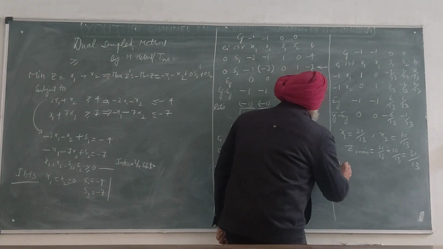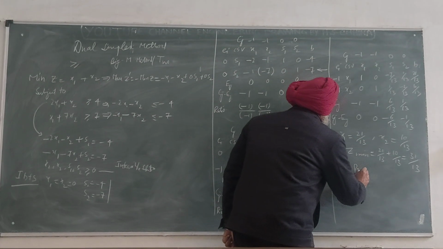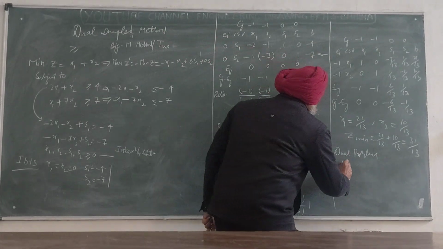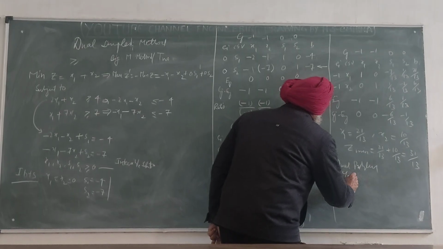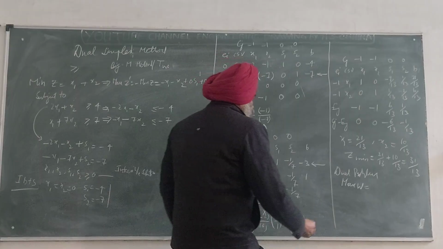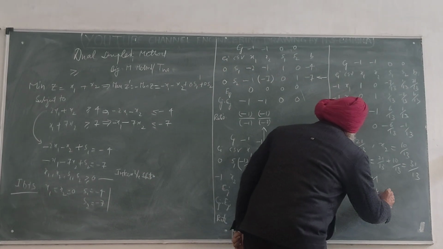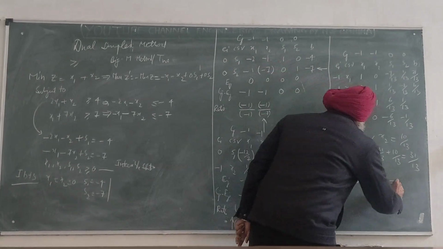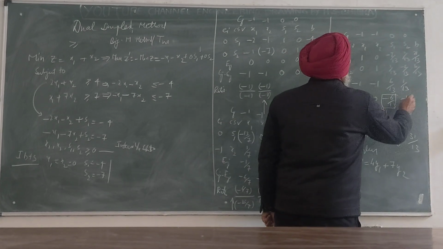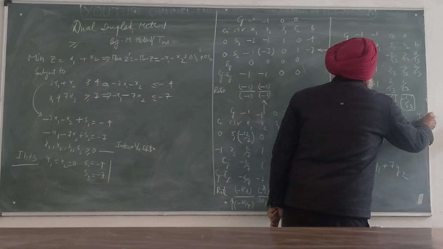What is the dual problem? Again, this we have already done a couple of times. Dual problem. What is the dual problem? Dual problem was, I will look only into the objective function, that is maximum W. What is that? That is 4y1 plus 7y2. And this represents your y1 and y2 with a change of sign.